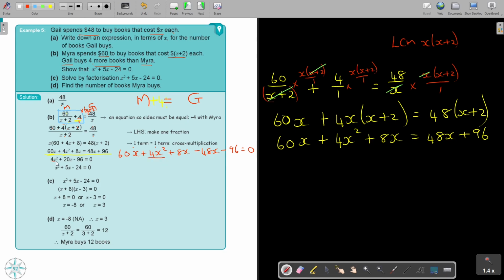Then in this case, 60 plus 8 is 68 minus 48, and that's 20, and there's the 96. And then I divide by 4, and I get exactly what they wanted me to get. They wanted me to get this. So again, if you struggle with B, just leave B and at least go on with C and D.